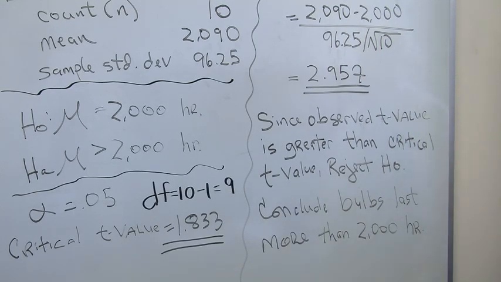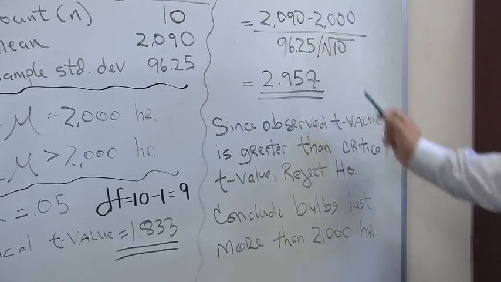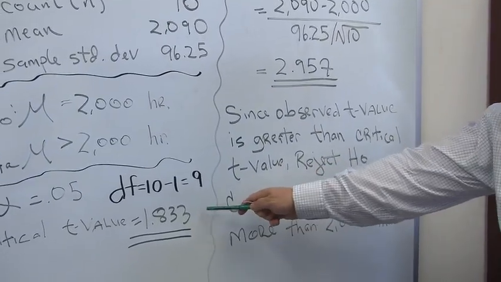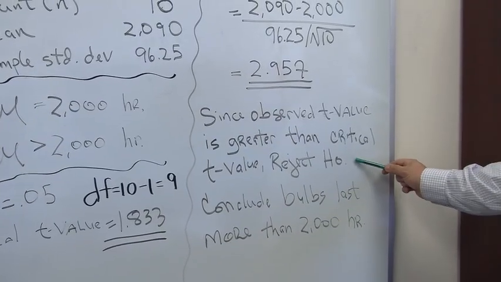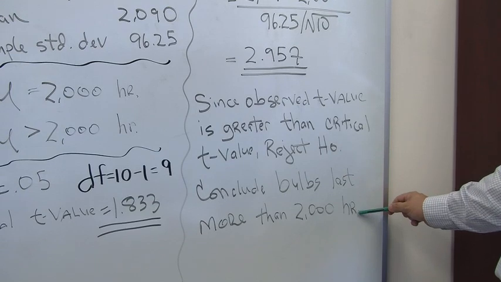And that should be what I say here: since the observed t-value of 2.957 is greater than the critical t-value of 1.833, we reject the null hypothesis and conclude that bulbs last more than 2,000 hours.